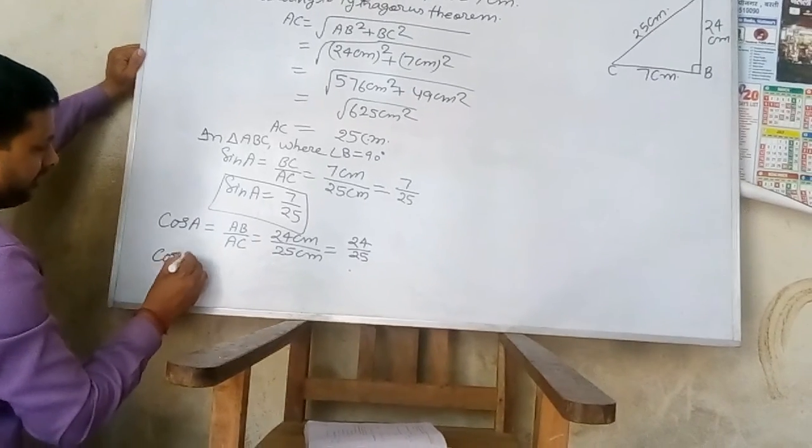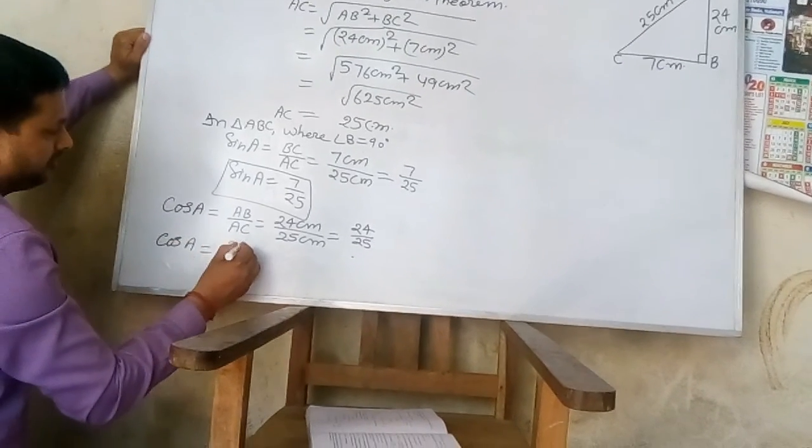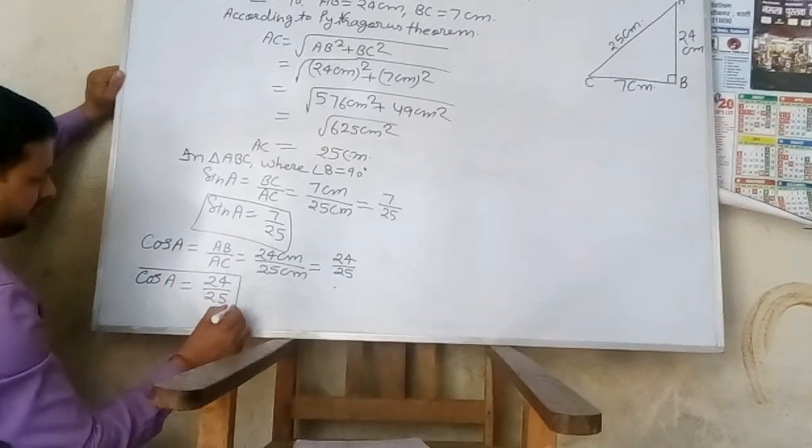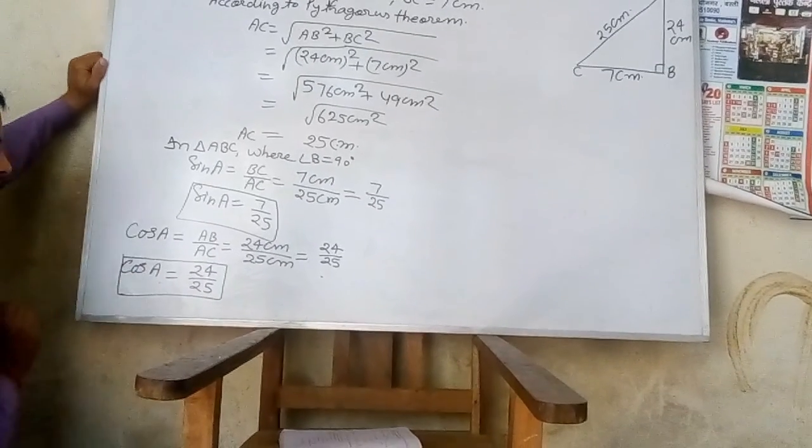So cos of angle A equal to 24 upon 25. Very simple problem.